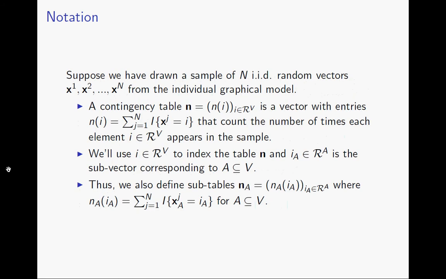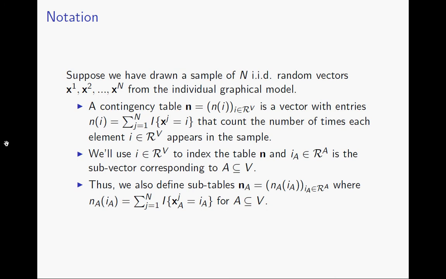Now suppose we've drawn a sample of n IID random vectors from this individual graphical model. We can define contingency tables over our sample of n IID vectors. A contingency table little n is a vector with entries that count the number of times each configuration i in the domain appears in the sample.